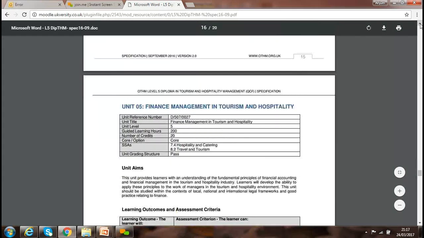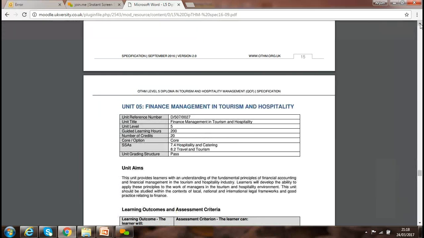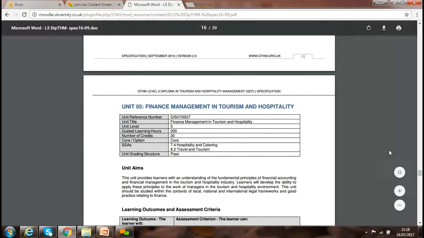Finance management in the hospitality industry is a 20 credit unit, and the unit grading structure is pass or refer.